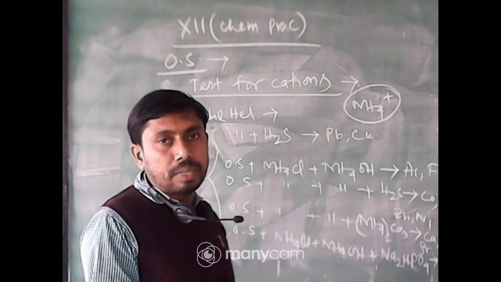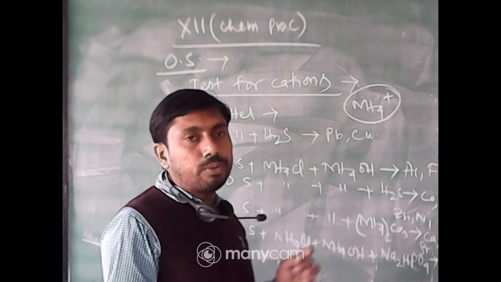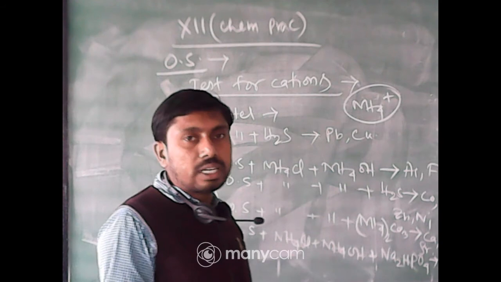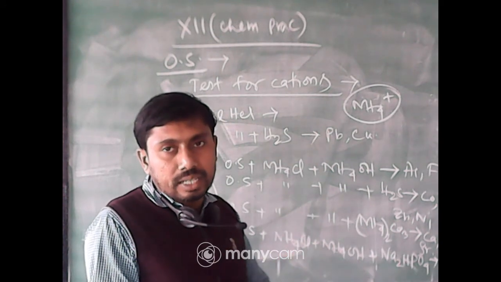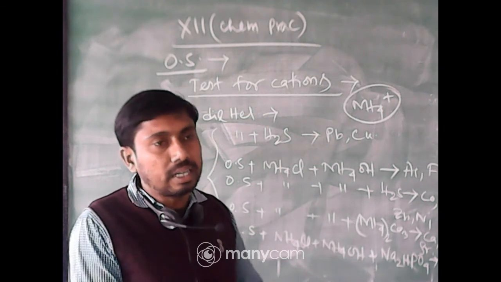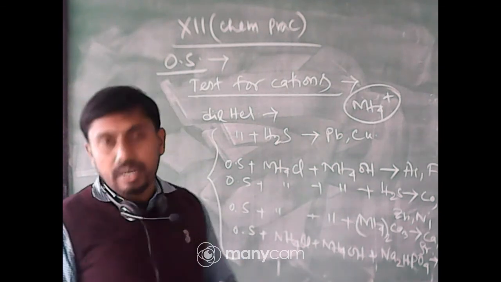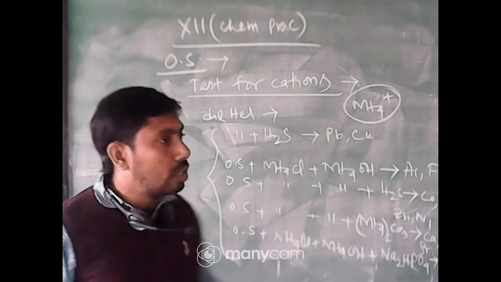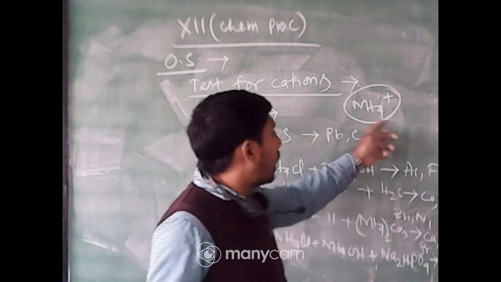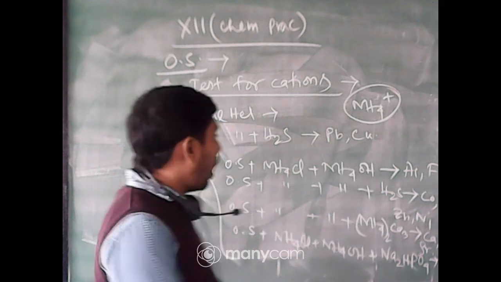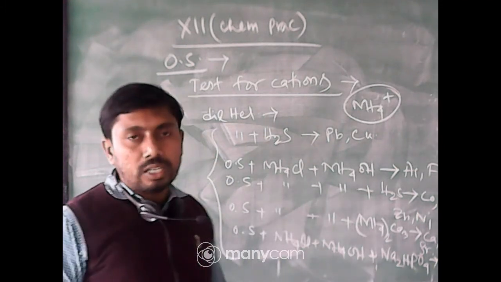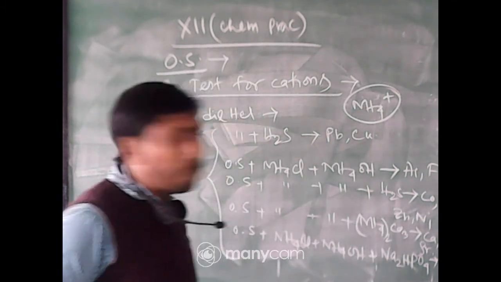This is a special characteristic. If you use concentrated NaOH solution, then it gives a different test, using Nessler reagent. Okay. So, NH4 plus ammonium cation can be identified separately out of the group analysis.